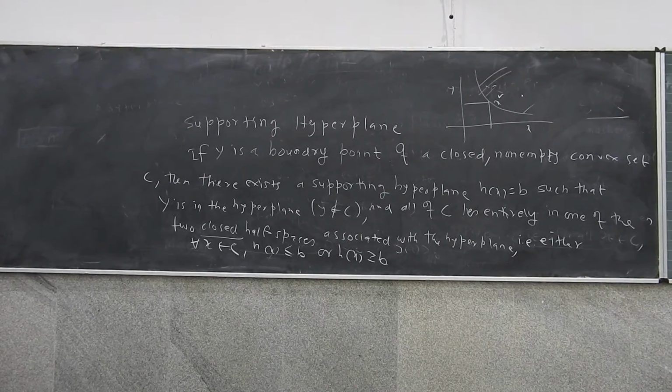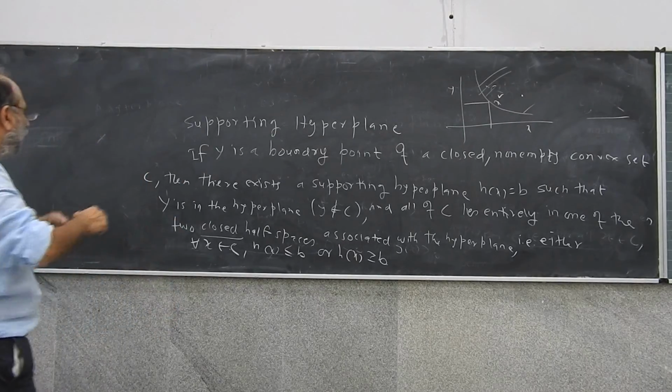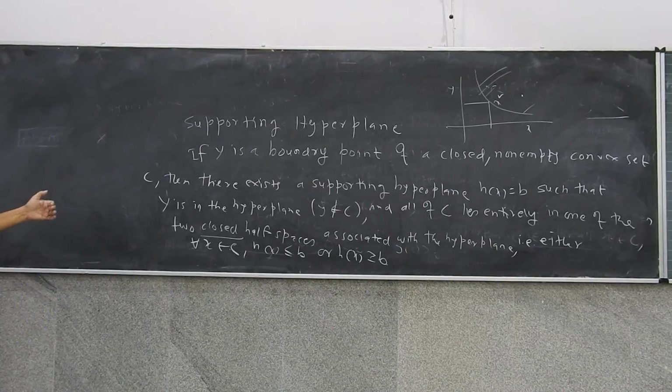There is a supporting hyperplane H, the set of all points which are mapped into the same point b, such that y is in the hyperplane, right? For y not belonging to C. So y is not belonging to C, and all of C lies entirely on one of the two closed half spaces associated with the hyperplane, right? So basically, what you can think of is either for all x, h of x is less than or equal to b, or h of x is greater than or equal to b, right?